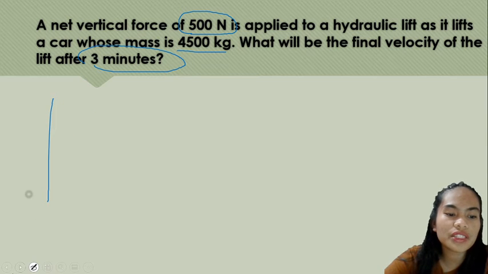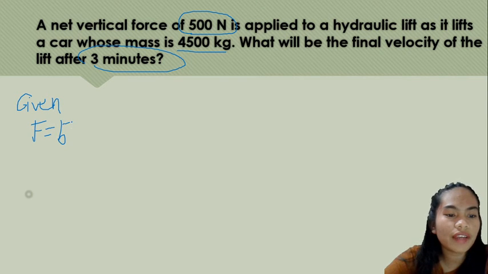Okay, so for us to analyze your problem, let's put the given. What are the given in the situation or in the problem? The given are, we have here the force which is 500 newtons.